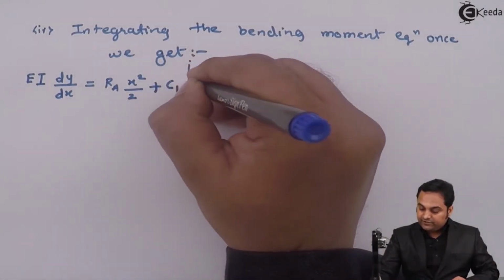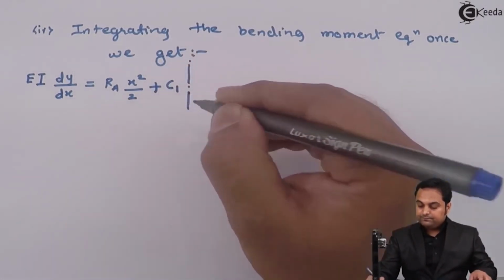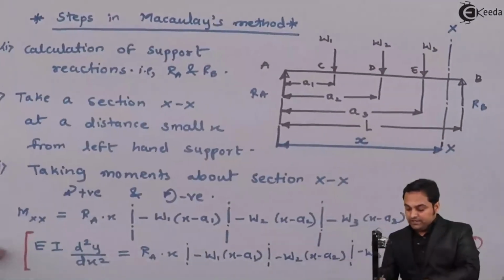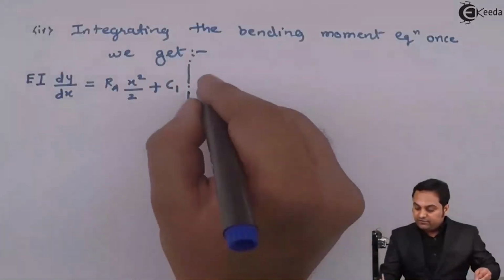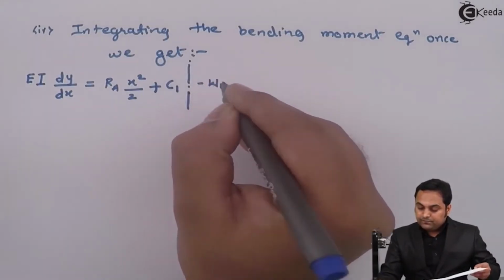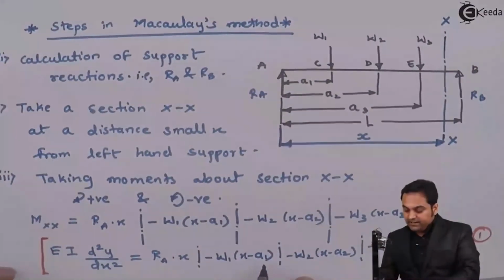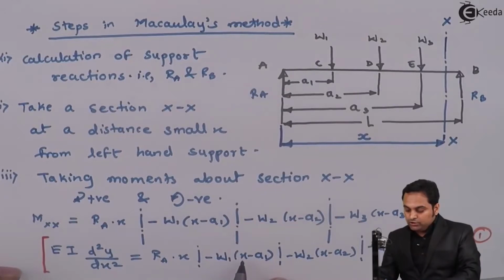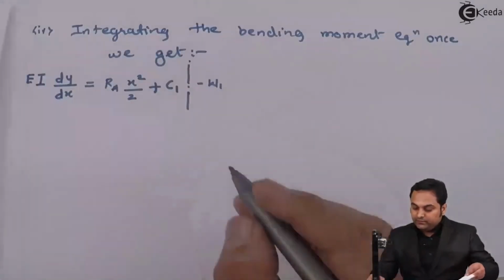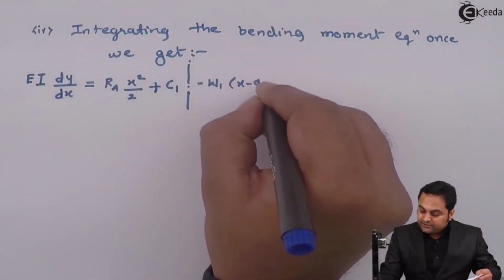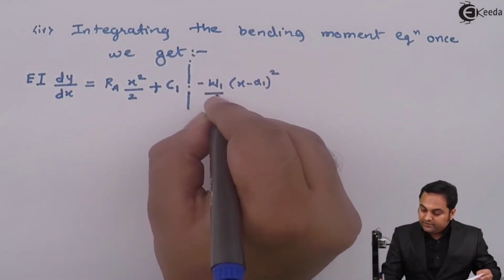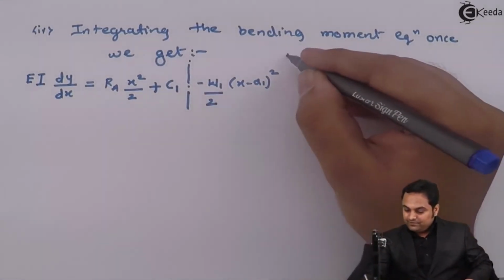This will be our first term. Next, minus W1 will remain as it is, constant. Next thing is, this bracket will be integrated as a whole. So x minus A1 will become x minus A1 whole square divided by 2, the second term.